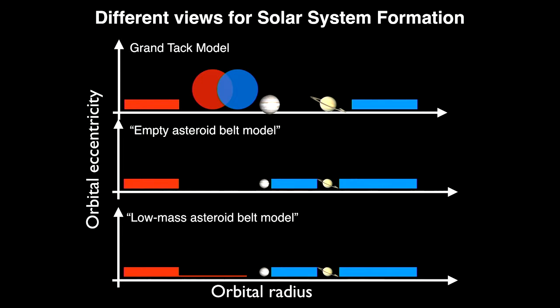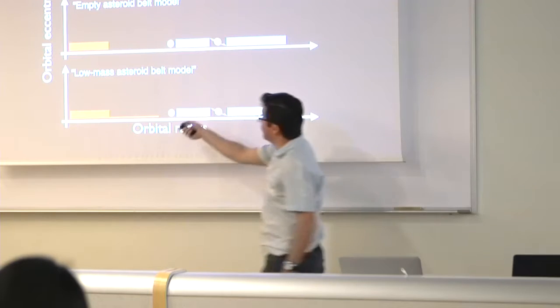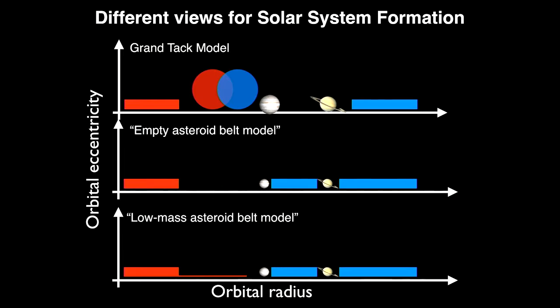By doing this, they can produce the terrestrial planets and can also explain the structure of the asteroid belt. The empty asteroid belt model, how does it work? You assume from the beginning that there is no mass in the belt. And then Jupiter grows.